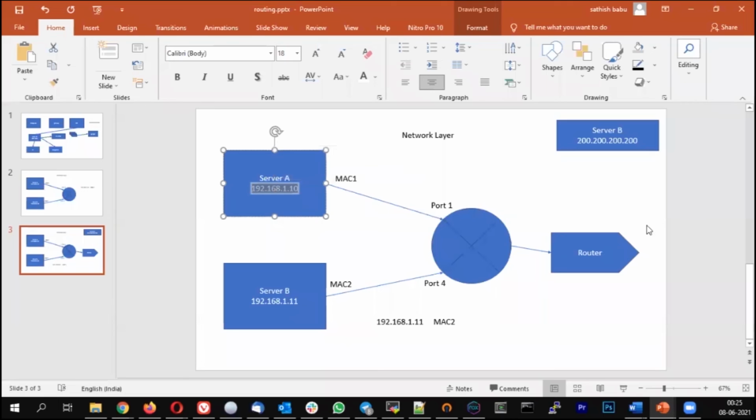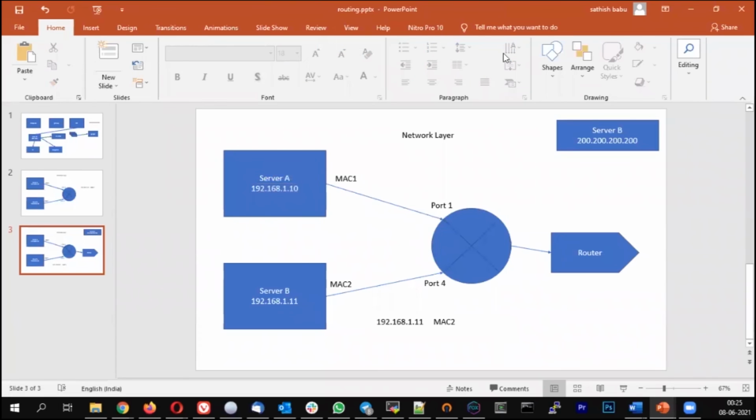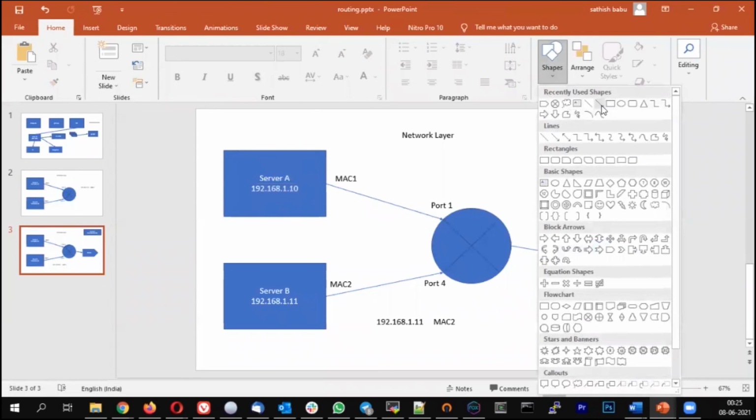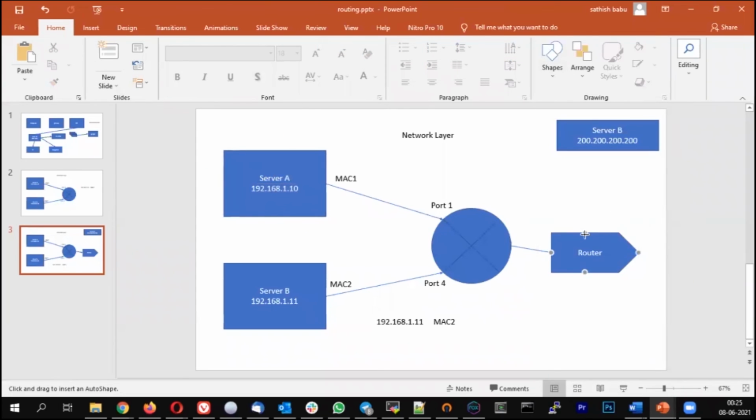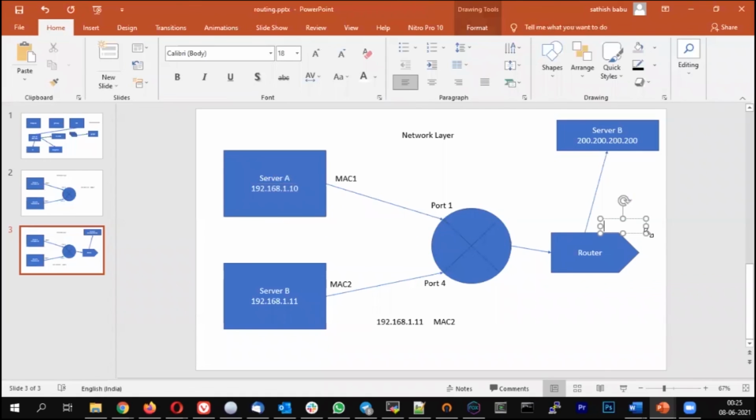When the packet goes out of the network, it is going to carry the public IP of the router. Let's say this public IP of the router is 100.100.100.100. It will not only carry the 100.100.100.100, it will also carry the 192.168.1.10 IP.